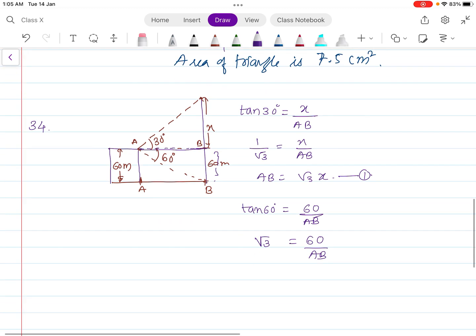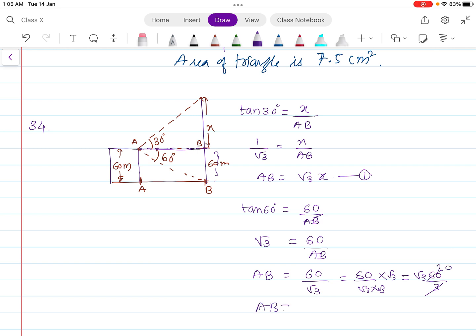Therefore AB is nothing but 60 by root 3. Multiplying by root 3 on top and bottom, this will become root 3 times 60 by 3, so 20. So finally AB, the distance between the two, is 20 root 3 meters.